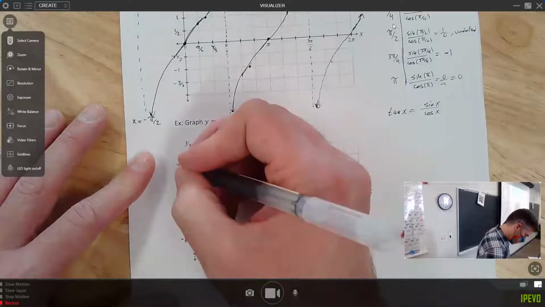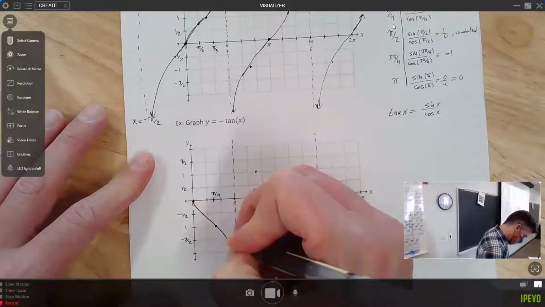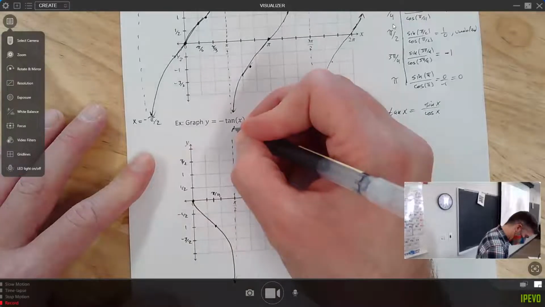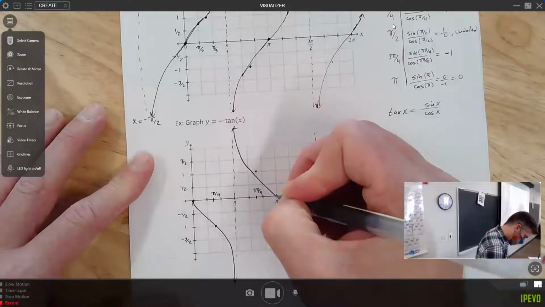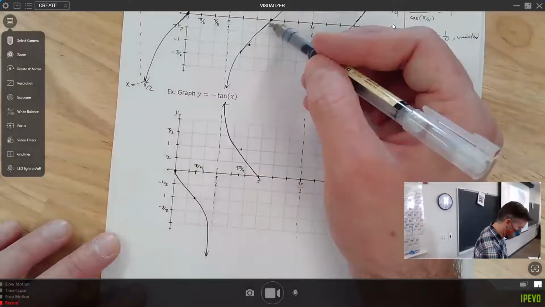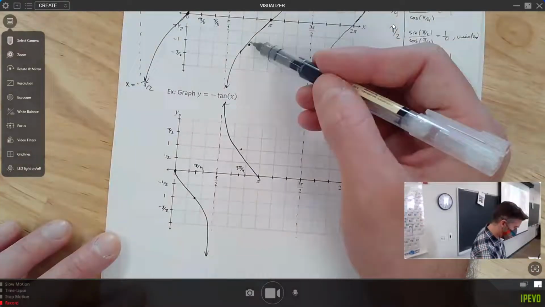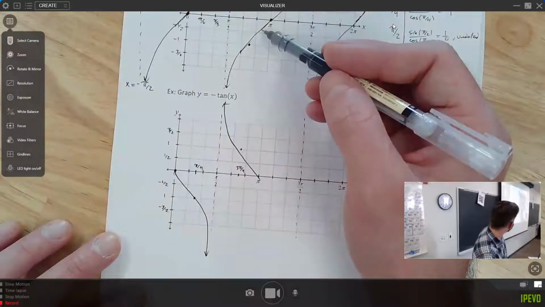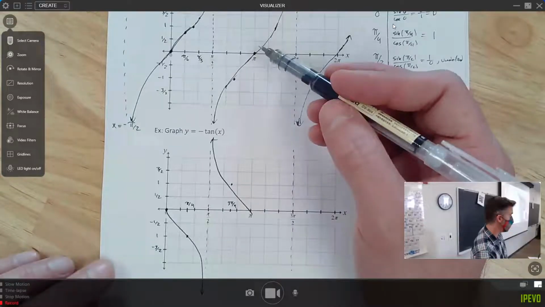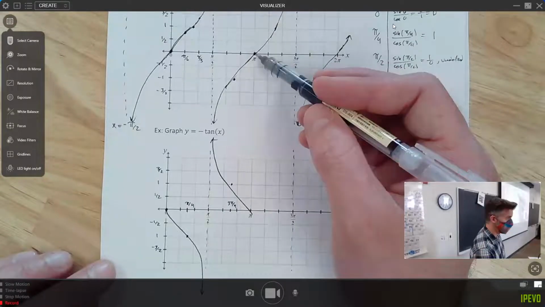Sorry, I'm trying to come out the right way. I will point out when it goes through the origin here, or whenever it goes to the x-axis, it does kind of look like it's got a slope of about 1. That's true. It does have a slope of about 1 when it goes through anywhere on the x-axis.